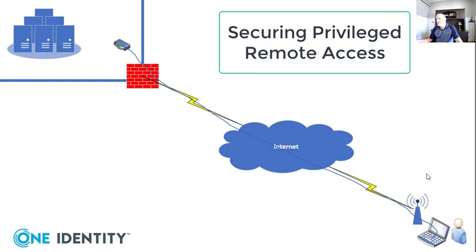It also provides a level of security based on things like unsecured Wi-Fi. So if you're sitting in a coffee shop somewhere and you're connected to a Wi-Fi, there's really no guarantee of the encryption of that Wi-Fi, and there's no guarantee that that Wi-Fi even is who it says it is.